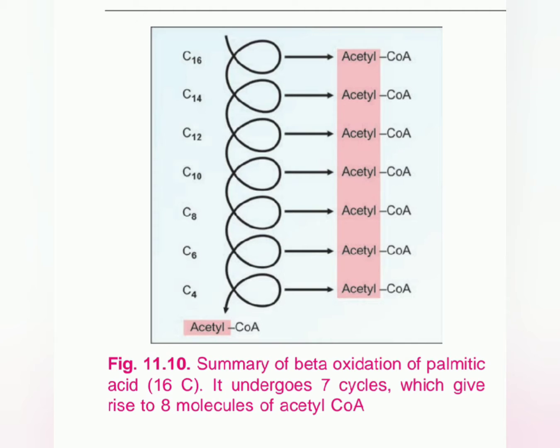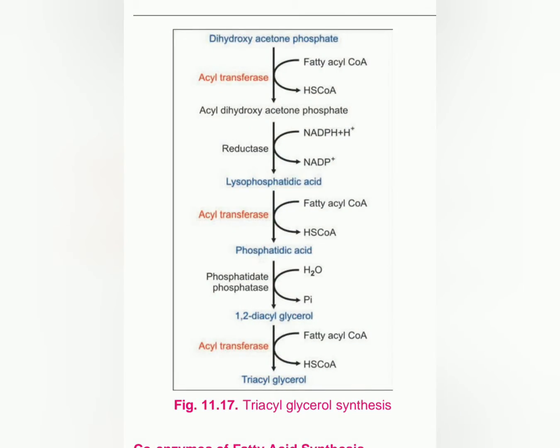From the 12 carbon atoms, the acetyl coenzyme A, a 2 carbon unit, is removed and 10 carbon atoms remain. Further, this process continues till the last acetyl coenzyme A, that is 2 carbon atoms, remains. There are 7 cycles.